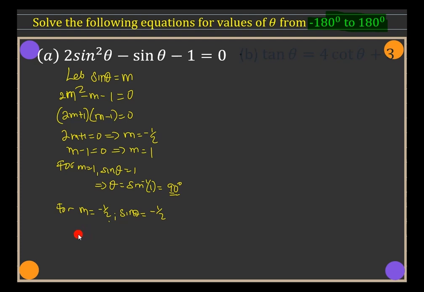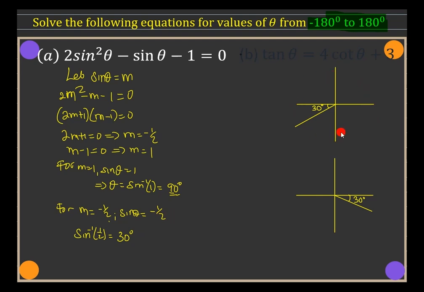No. This time, we have to find the inverse sine of 1 over 2, not putting the negative, and that one is 30 degrees. Now, the angle which is 30 degrees is the angle of inclination to the horizontal. The sine of theta is negative, so that one means that we are going to work in the third quadrant and the fourth quadrant.